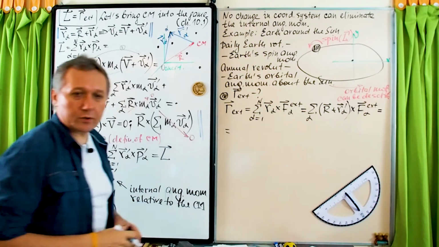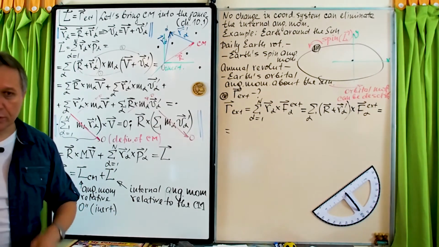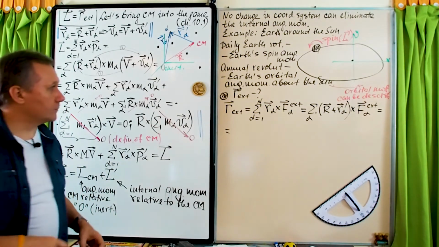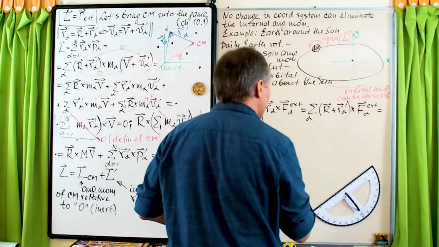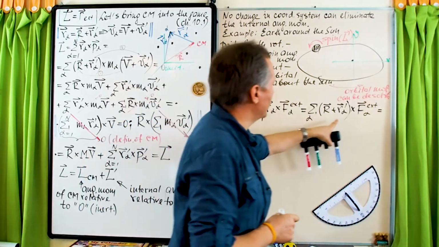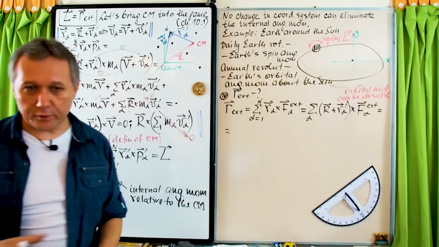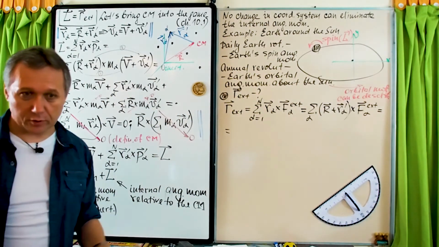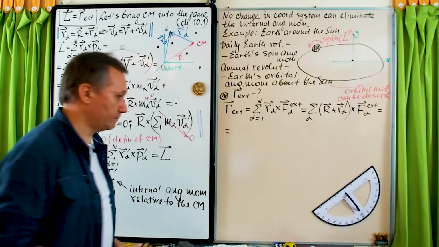And naturally, we are getting again two terms, two torques. The first one, R, doesn't care about the summation, so we'll just sum all external forces, and of course we will get the net external force acting on the whole system.